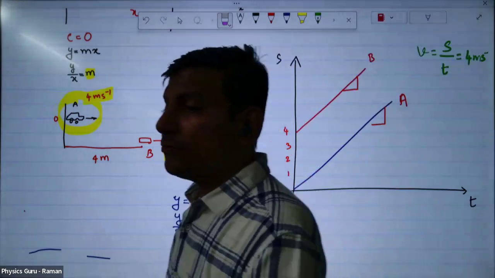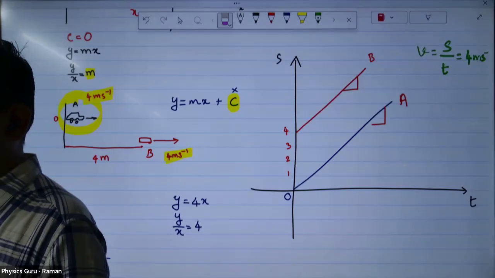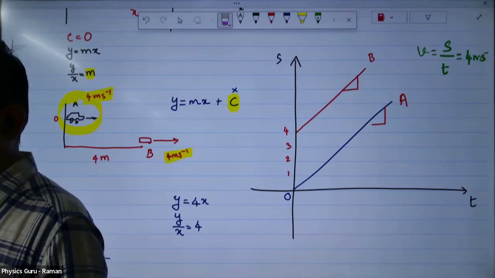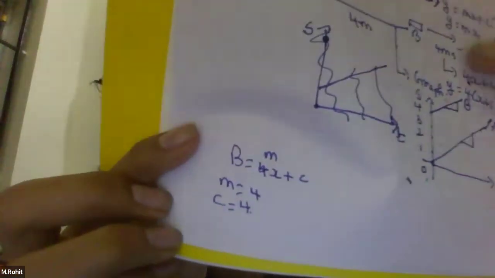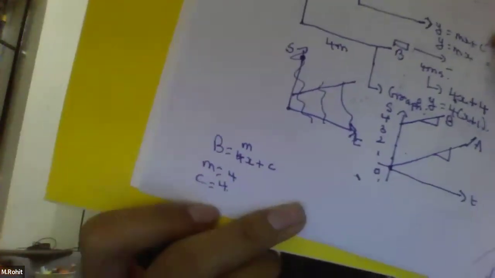Can you show me what information you have taken? Sir, one second, sir. So I have taken y is equal to mx plus c, no, sir. m is equal to 4 and c is equal to 4.